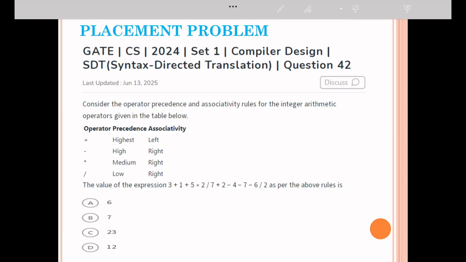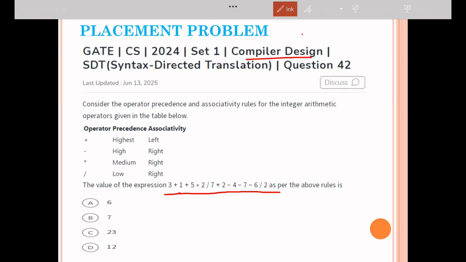This is the first question, a GATE question they asked. The question seems based on compiler design, but it is actually related to the ALU. The question is: 3 plus 1 plus 5 into 2 divided by 7 plus 2 minus 4 minus 7 minus 6 upon 2.